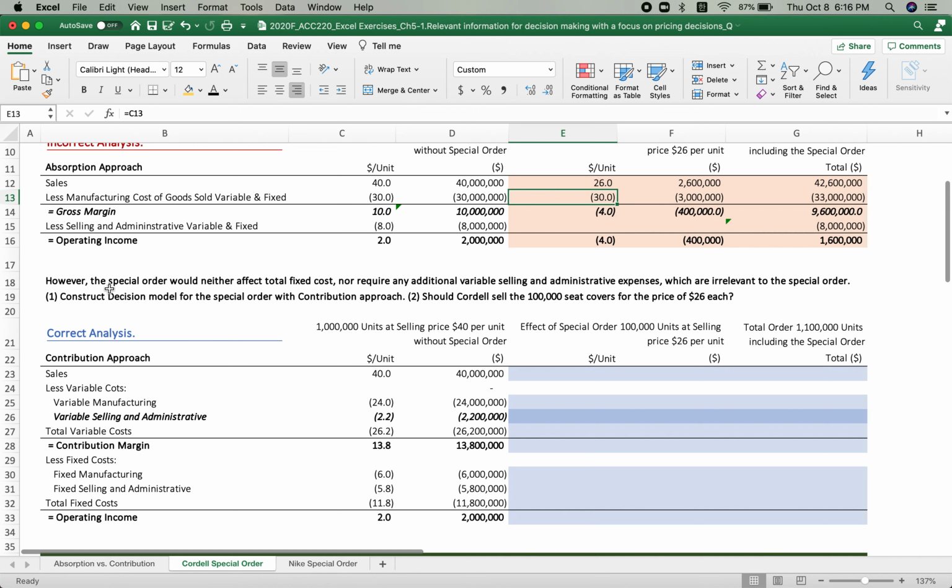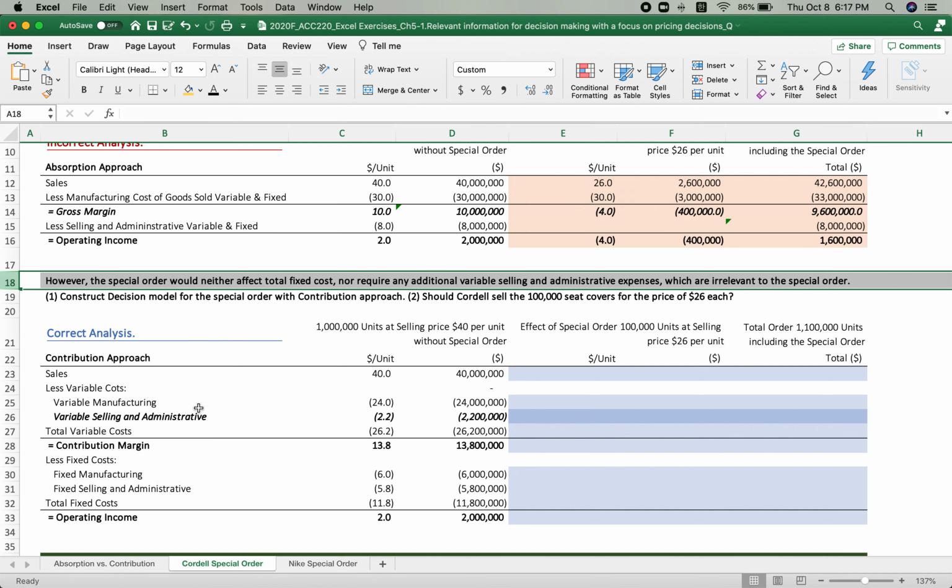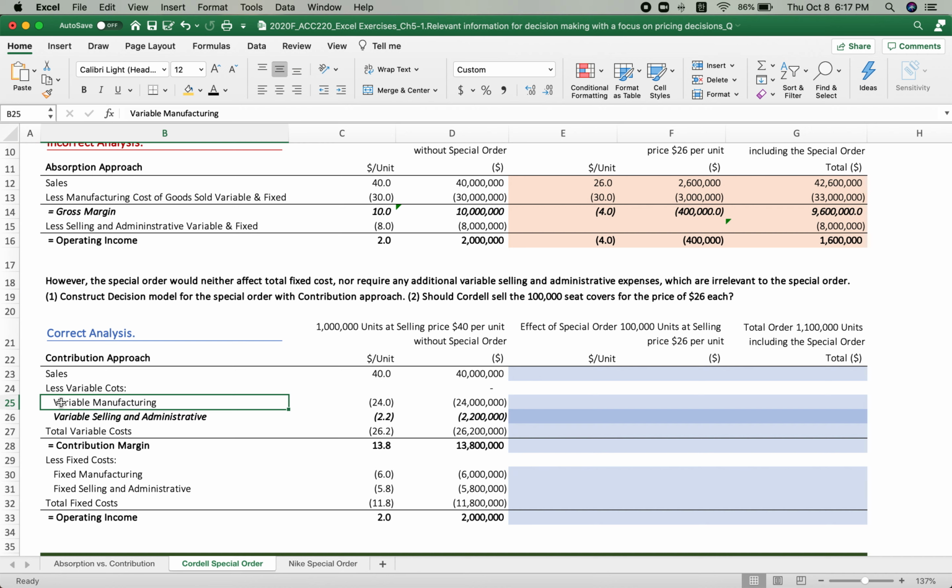For example, the special order would neither affect total fixed cost nor require any additional variable selling and administrative expenses, which are irrelevant to the special order. We have the specific information to create this contribution approach: variable manufacturing cost per unit, variable selling and administrative cost per unit, and the fixed manufacturing and fixed selling and administrative.